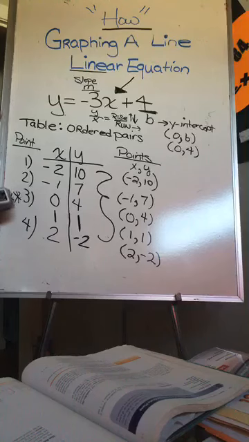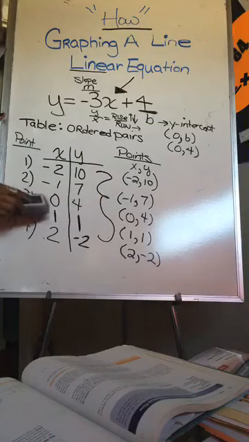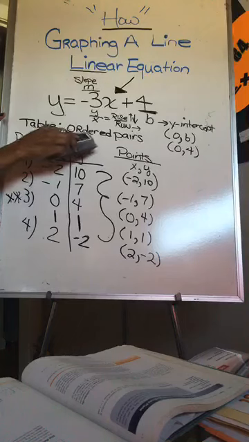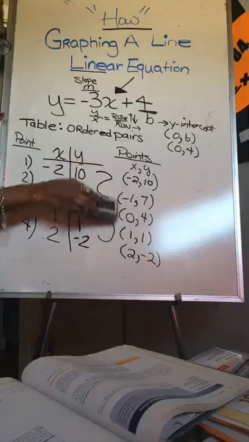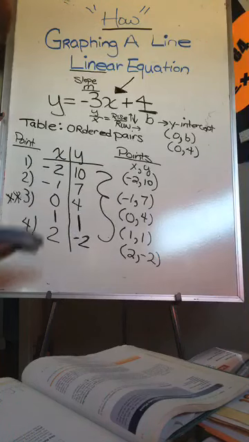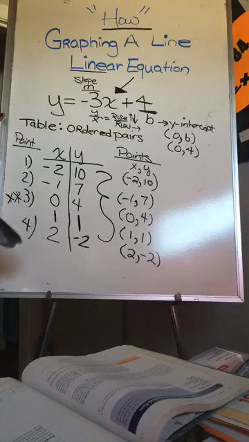I'm going to erase all of this so it won't look so confusing, and I want to keep what we created. We created a table to create ordered pairs, or our points. And now we're going to plot. Sometimes they say plot, sometimes they say graph it. So we want to do that.